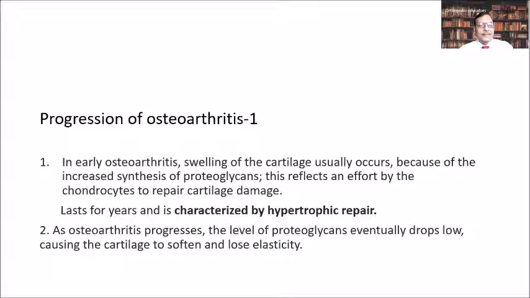It is actually an effort of the chondrocytes to repair the cartilage, and it can last for years. There is damage and hypertrophic repair continuing in the cartilage. But as the osteoarthritis progresses, the proteoglycan level eventually drops, and it causes the cartilage to soften and lose elasticity.